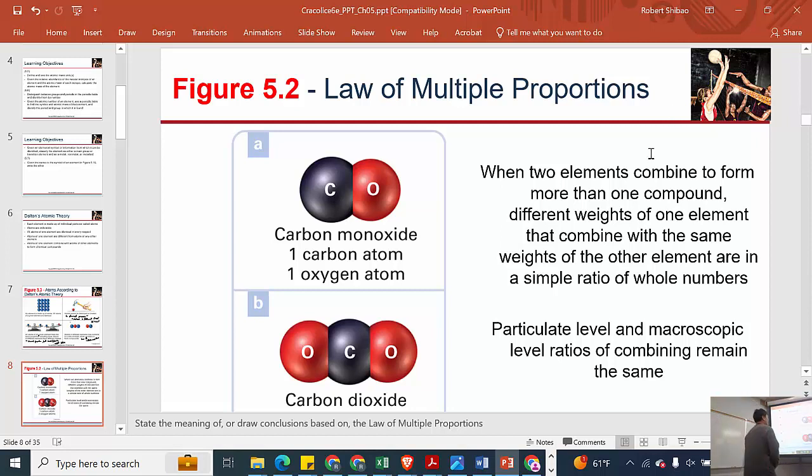The law of multiple proportions here is this. This is one of the pieces of evidence that refuted the infinitely divisible versus the finite limit for matter. And that is, carbon and oxygen can combine in a 1 to 1 ratio or a 1 to 2 ratio. But if matter were infinitely divisible, why can't we just add a little bit more oxygen? Because we can have any amount of oxygen.